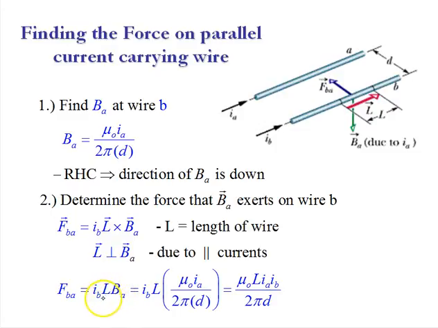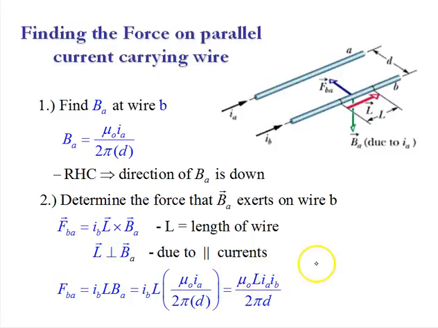The magnitude of the force is IB L BA. Substituting in for BA, we get that the product of the two currents is what produces the force, divided by 2 pi times the distance between them, which is the radius of the magnetic field line at that point.